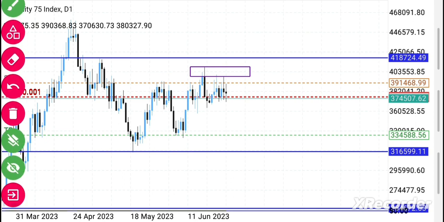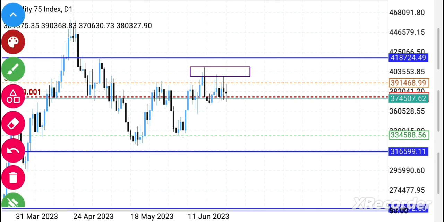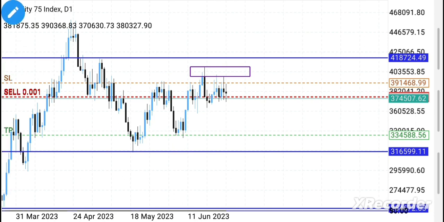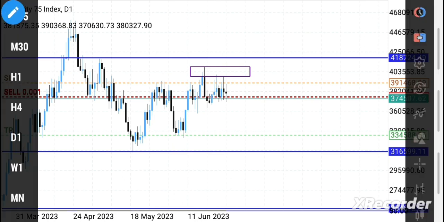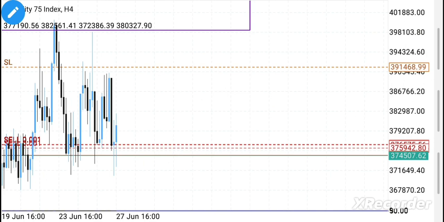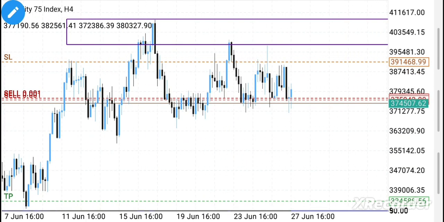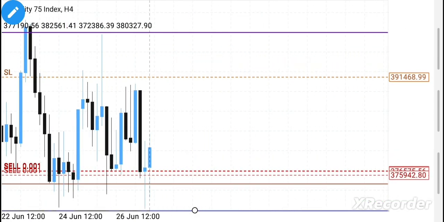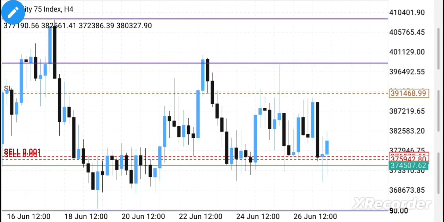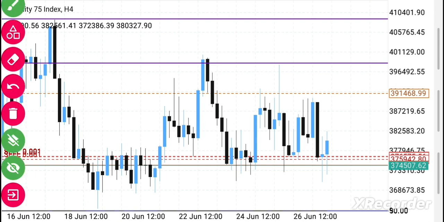When the market reaches those zones, you dive into what? To H4. So as well, you can see here that the market came and tapped into our zone.